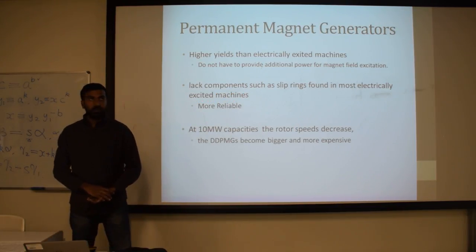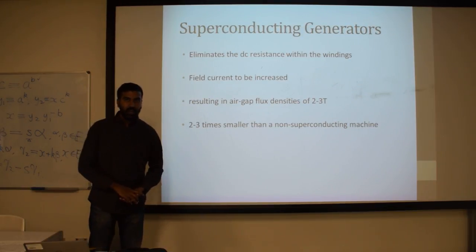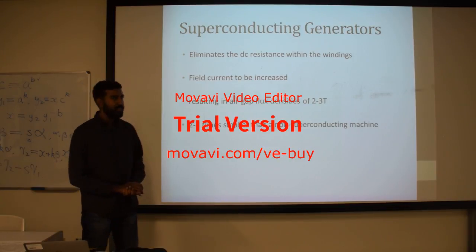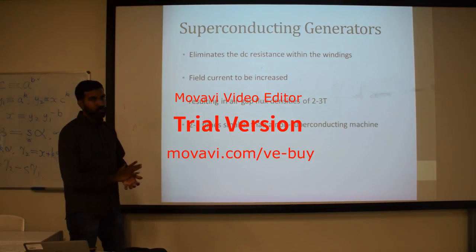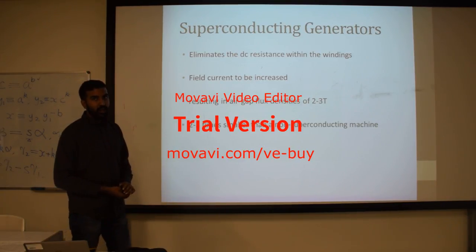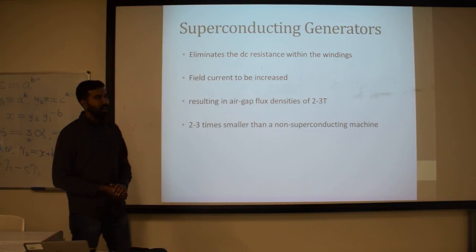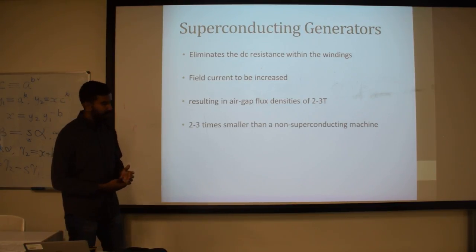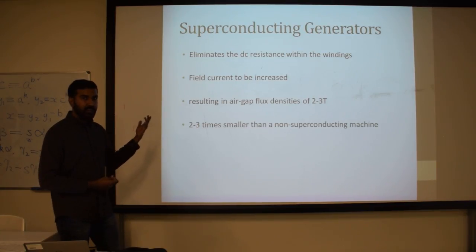Now to solve the problem at these lower speeds, we come to superconducting generators. The superconducting generators work by having superconducting wires inside the rotor to produce a magnetic field, and because the DC resistance is eliminated in these windings, the field current is increased.